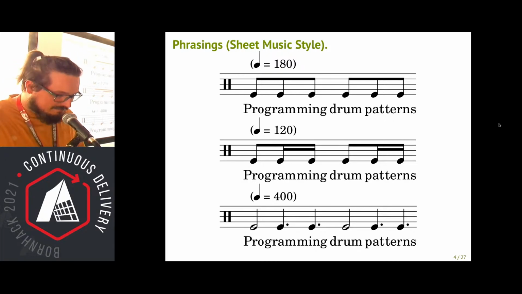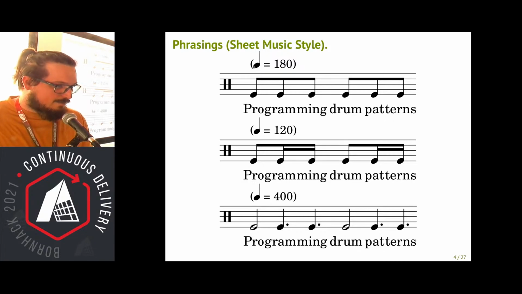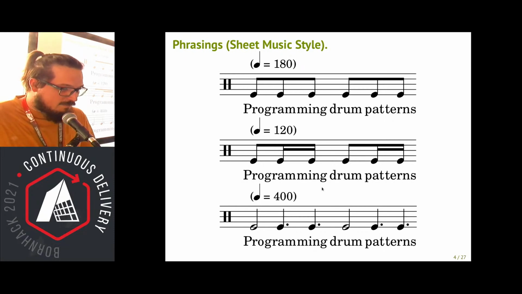To fix the amount of time I spend saying my sentence, I vary the tempo by putting a little indication here of how much time is consumed, how many quarter notes are consumed per minute. That's the beats per minute. The latter one here is 4 against 3 against 3.